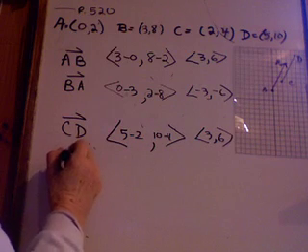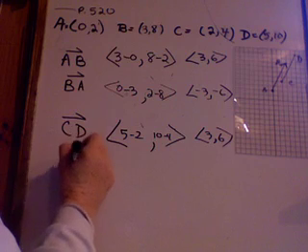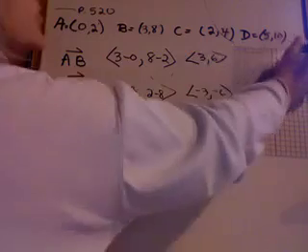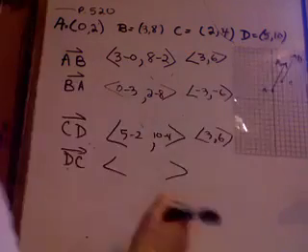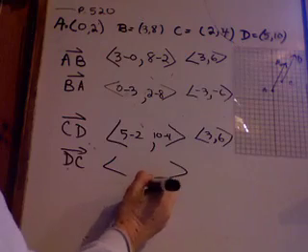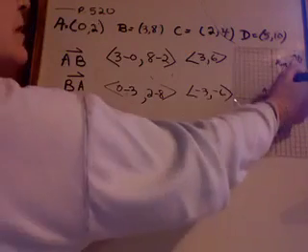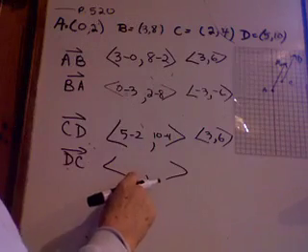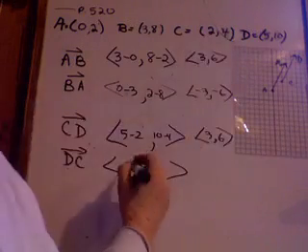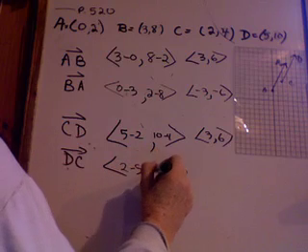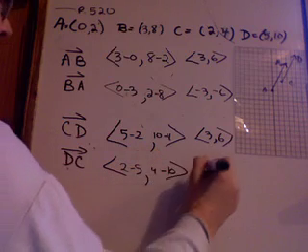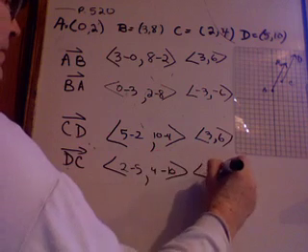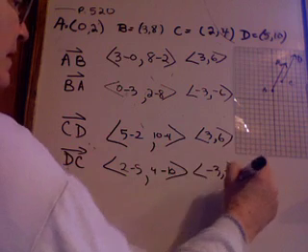If I do DC, right, that means I'm going the other way, but I do want to talk about CD, so I'm going to put my arrow on that one. But if I wanted to talk about DC, I would put the arrow on the other end. Okay, let's do DC. That means I have to start with C first, so I go 2 minus 5 and 4 minus 10. What's that vector name? Negative 3, negative 6. All right.